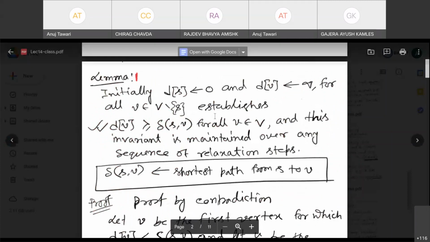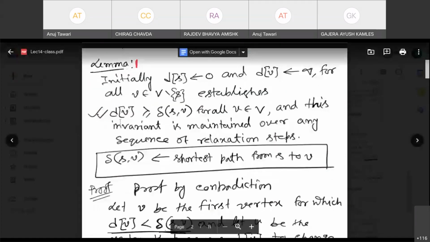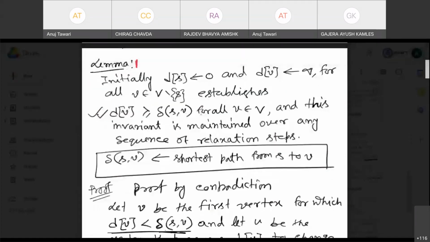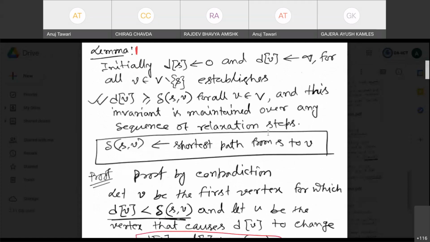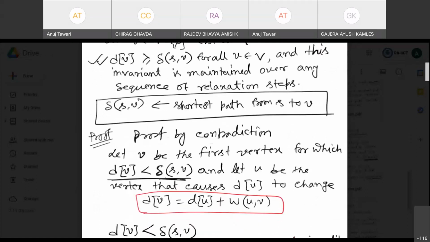Initially distance of S is 0, distance of V is infinity, and we would like to say that dv is at least the distance from S to V for all V, and this invariant is maintained over any sequence of relaxation steps.